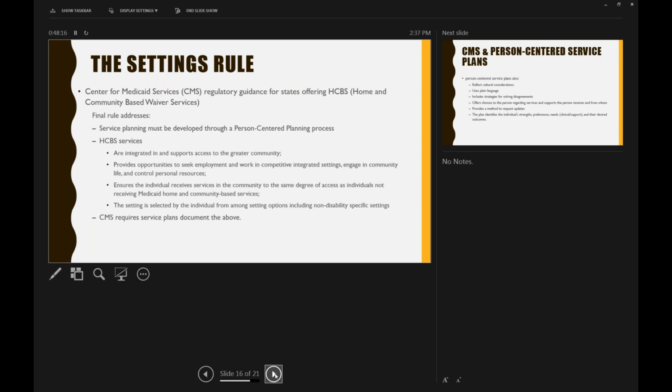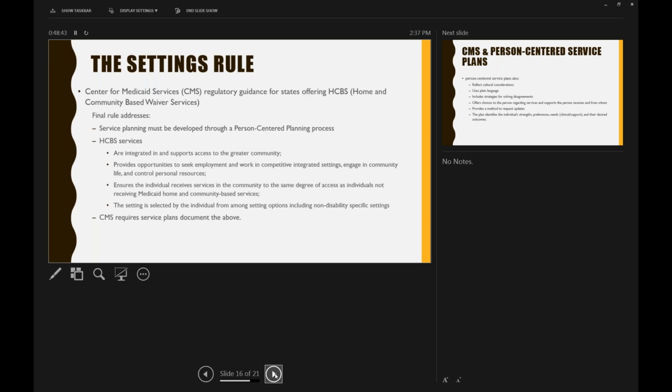So the settings rule, which also came about in 2014, that year seemed to be a big one as far as these new laws addressing holistic services for individuals with disabilities. The settings rule came out from CMS, and it was regulatory guidance for all states who offered the home and community-based services, waiver services.